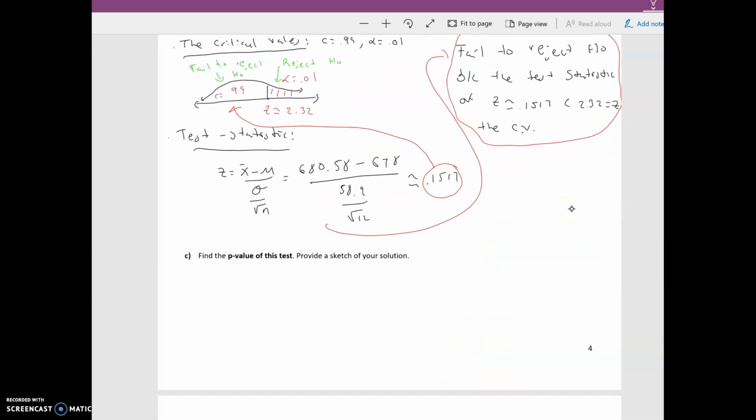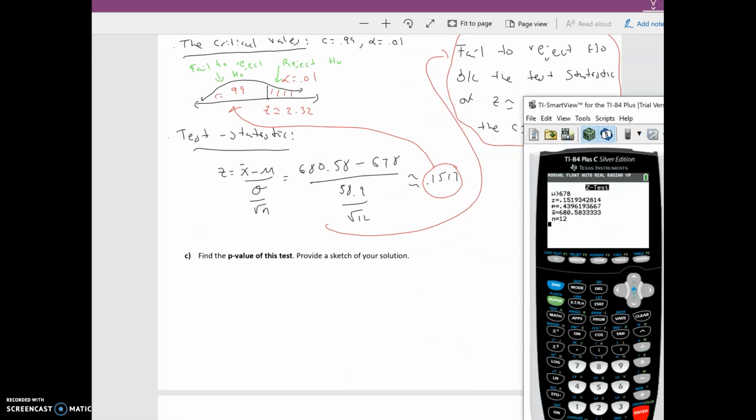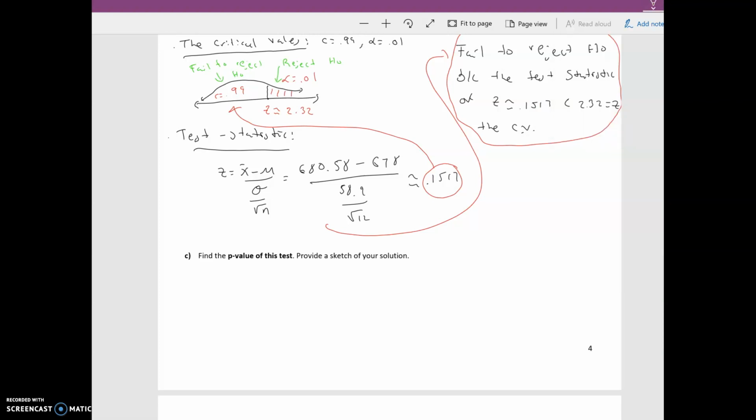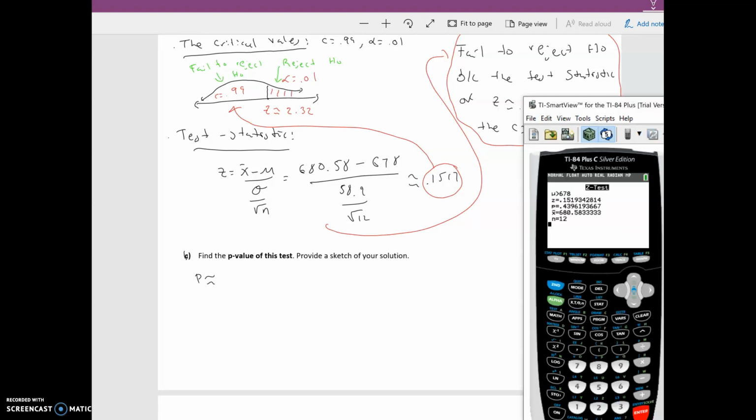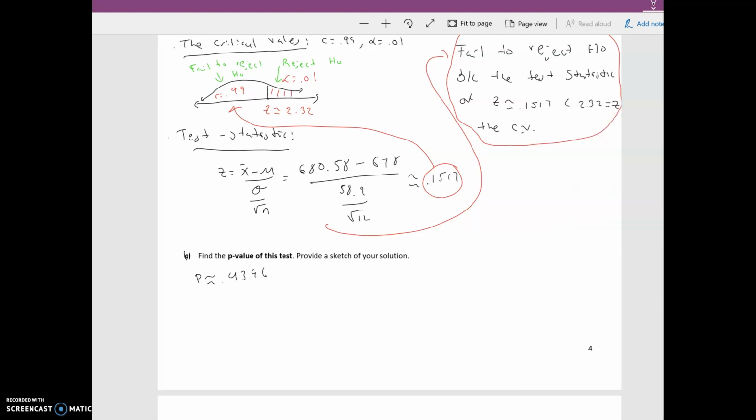So for the actual value for part B, this is supposed to be part B, the p-value is approximately, and we're given in this case, 0.4396. Now, in terms of the sketch, this is what we're looking at: a sketch of the sample.